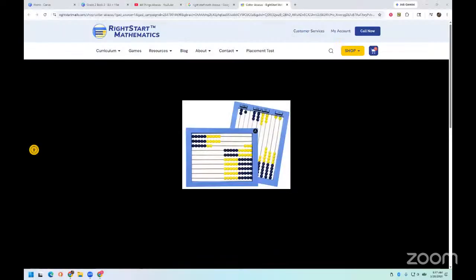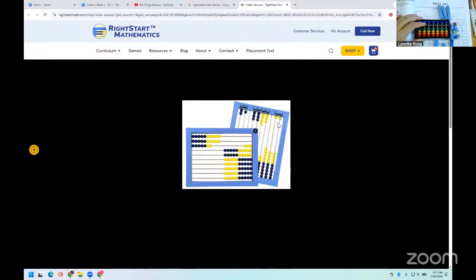So once you know how to create the 5 and how to create the 10, I visually see what the 10 is on the Right Start Math, because they want you to know that there's a split, that the 5 beads represent 5. Right, that makes sense. I do understand that.